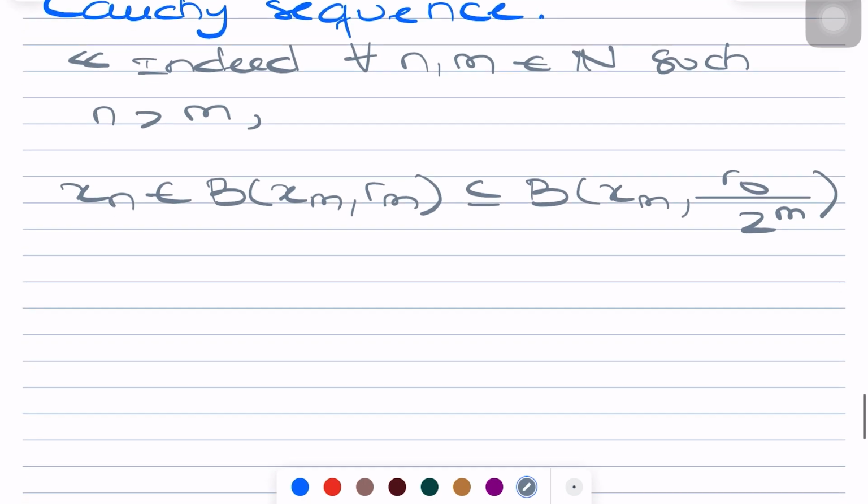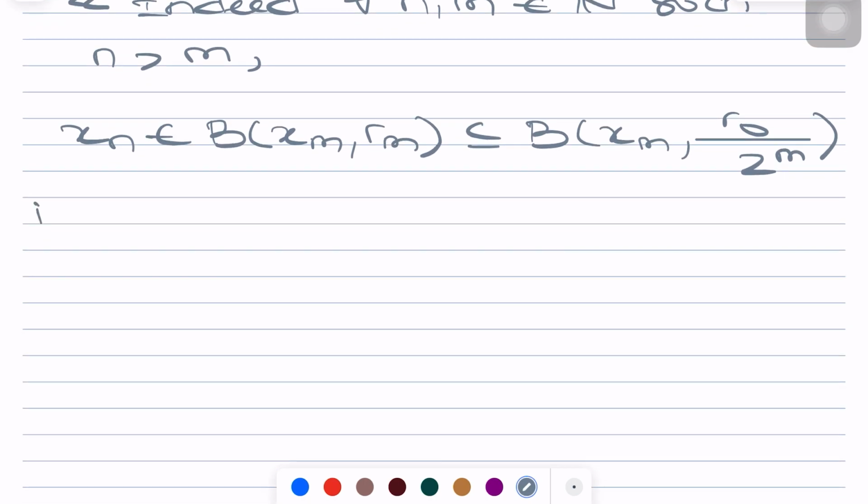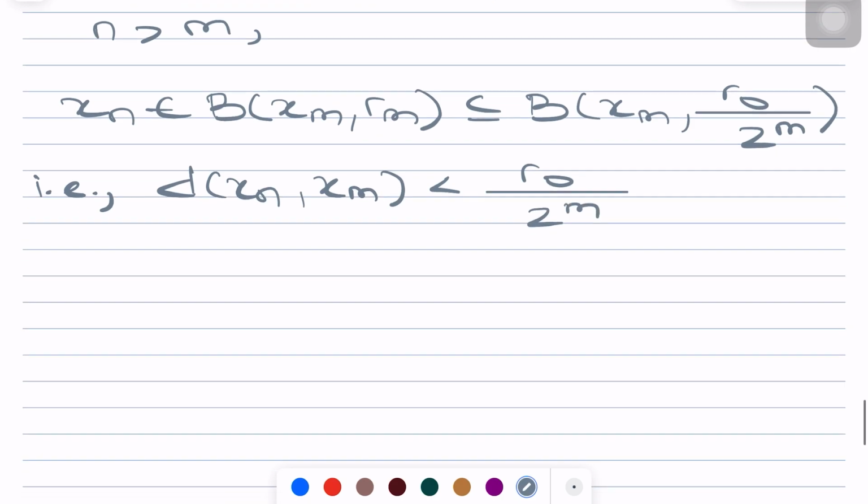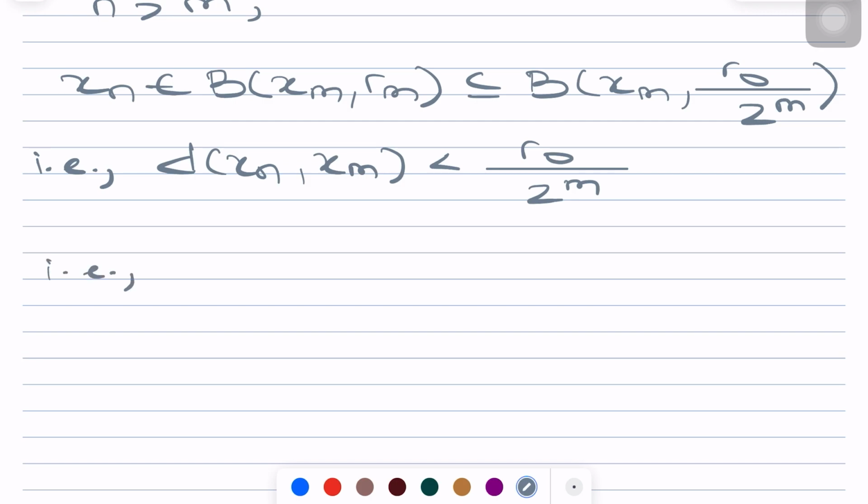So this means that the distance of xn to xm is strictly less than r0 over 2 to the m, right? So the distance of xn to xm goes to 0 as m goes to plus infinity.